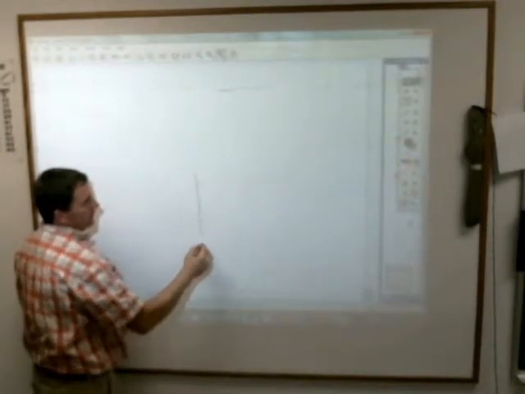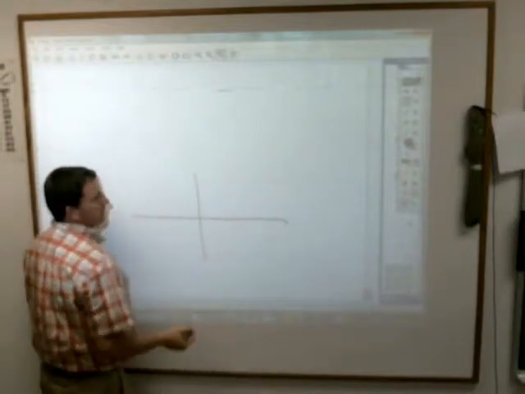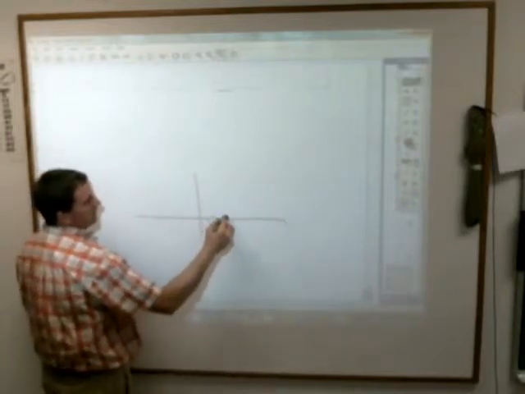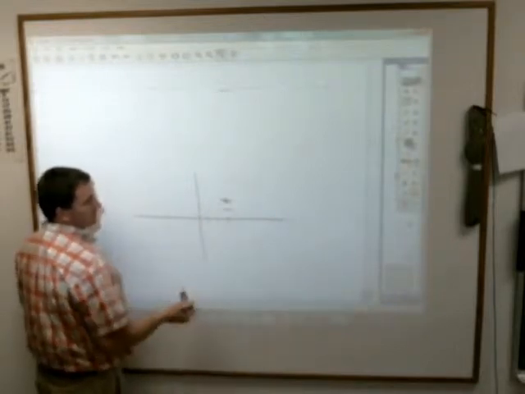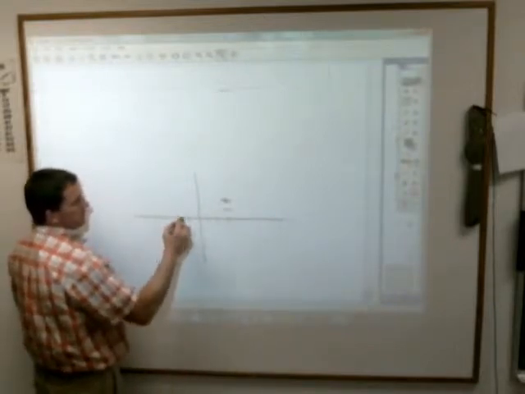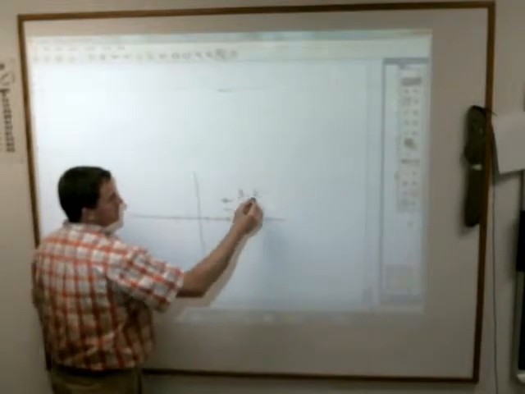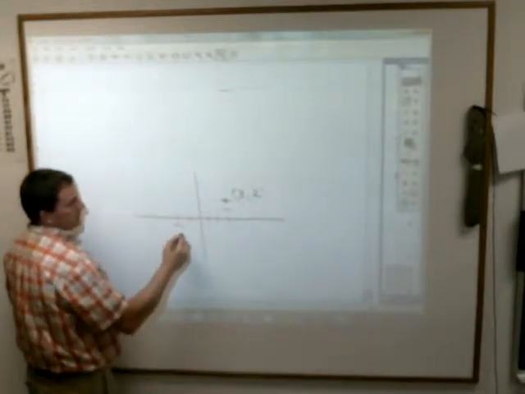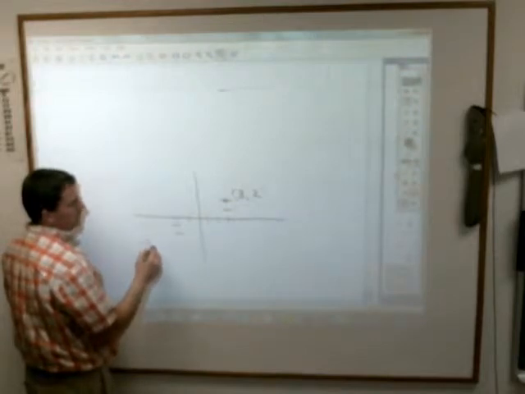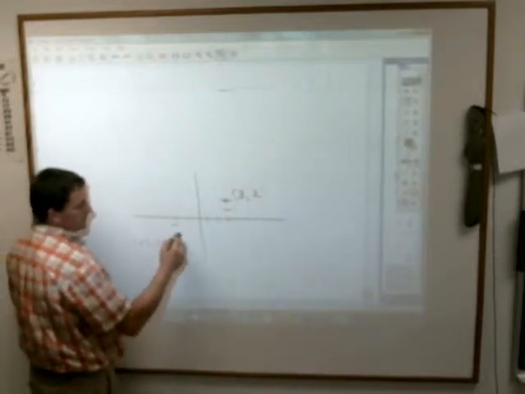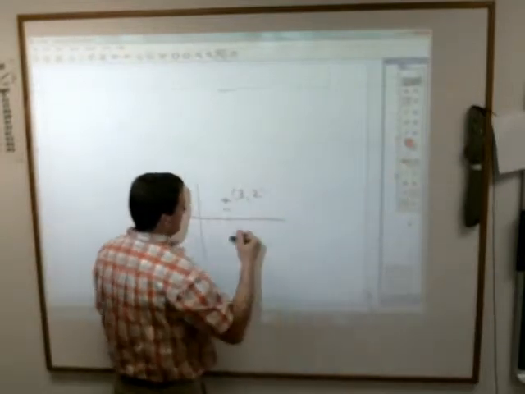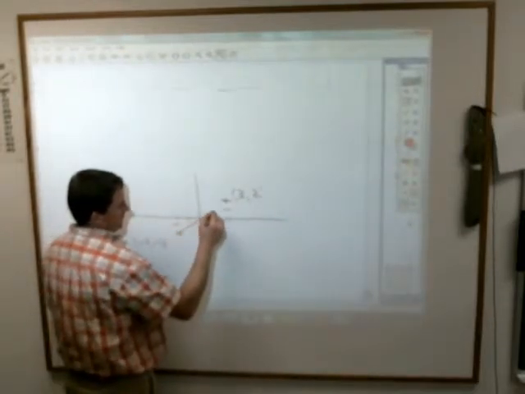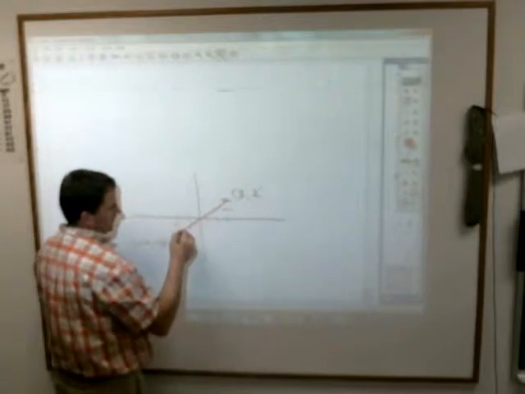Let's say you have a coordinate system and you have this point here that is 3, 2, and you have this point here that is -2, -2. If you want to find the distance from this point to this point, you would put it in that formula.